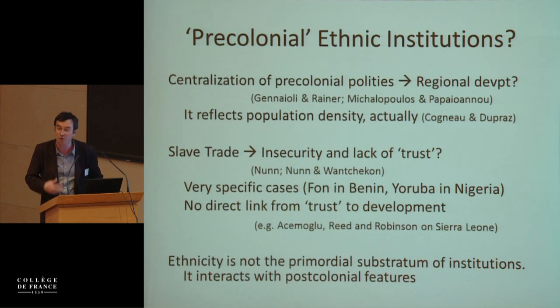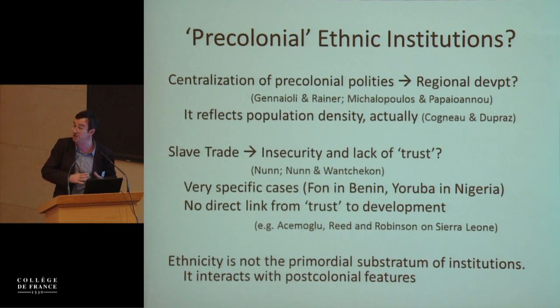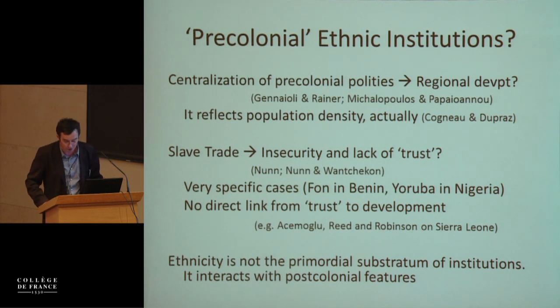I have no time to develop my dissent with these kinds of papers. Part of this dissent is based on econometric issues that I'm not going to tackle here, and part of my dissent is also based on conceptual issues.